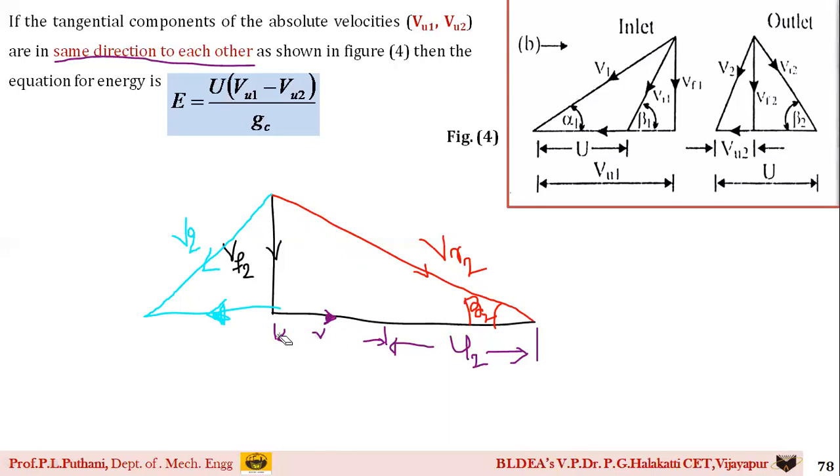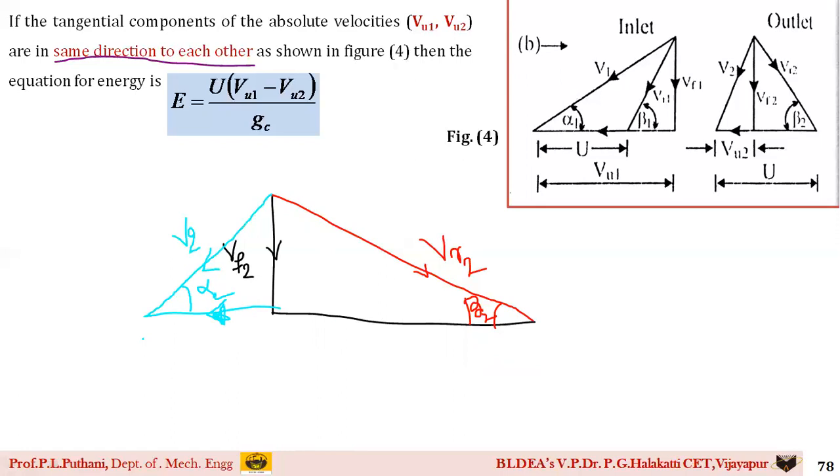This would be the nature of the graph, and the diagram just looks like this. So when this diagram looks like this, now this is the new velocity triangle, and this is alpha 2.